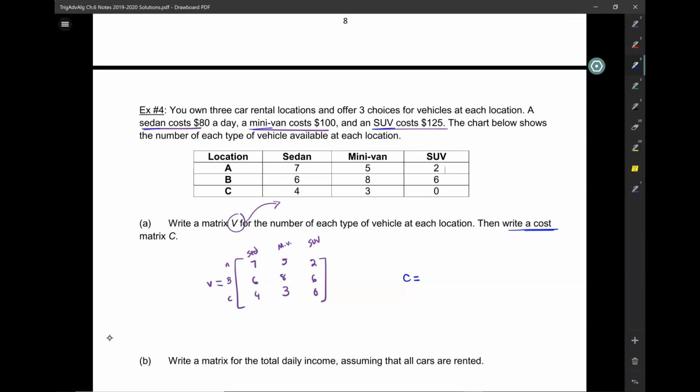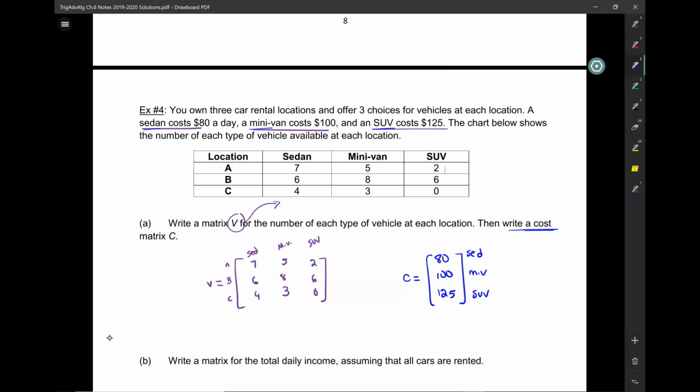Because in this one, those are going horizontally, sedan, minivan, SUV. In the new C matrix, it has to be going vertical. So we have to do 80, 100, 125. Okay, so this is the cost for the sedan, the minivan, and the SUV.